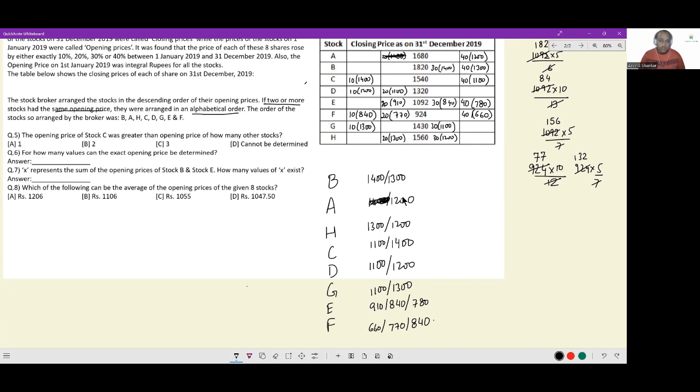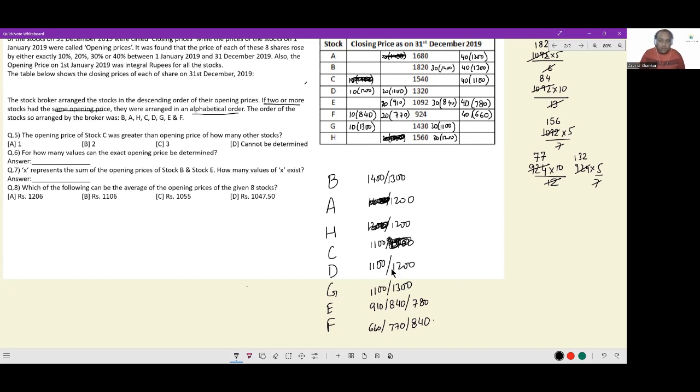Okay. For H, because it is ranked lower than A, it cannot be 1300. It has to be 1200 priced initially. And therefore, there was a 30% rise in the prices of H. Now for C, it is ranked lower than H. It cannot be 1400. It has to be 1100 initially. So there has been a 40% rise in the price of C. That is also known.